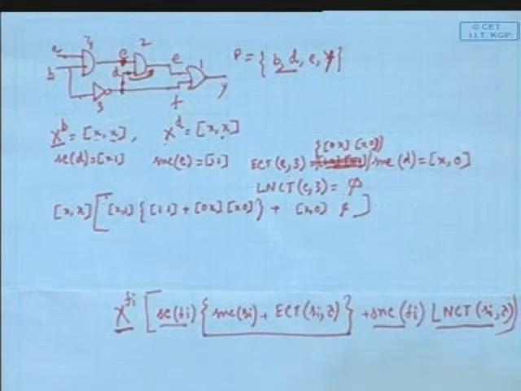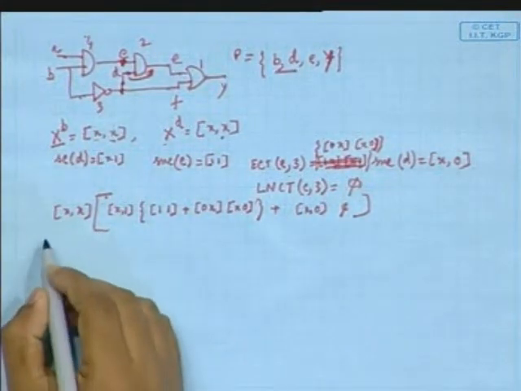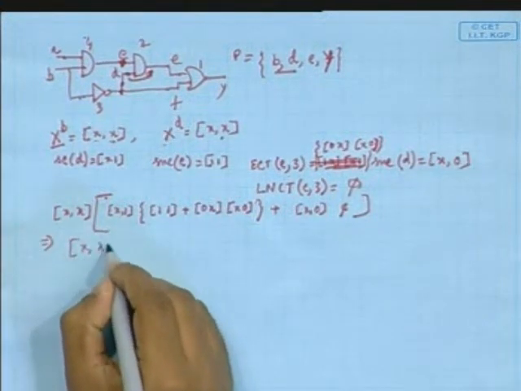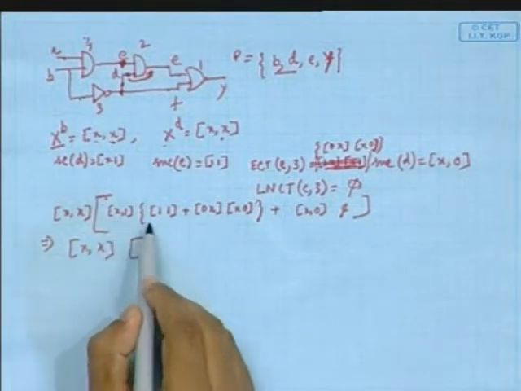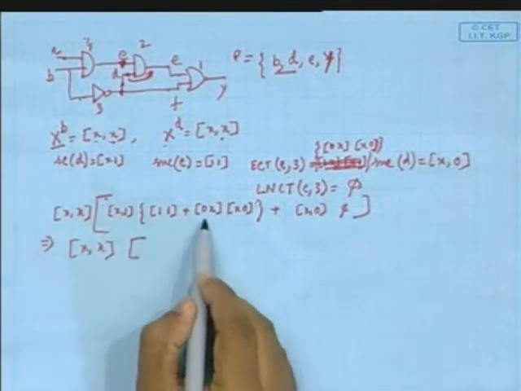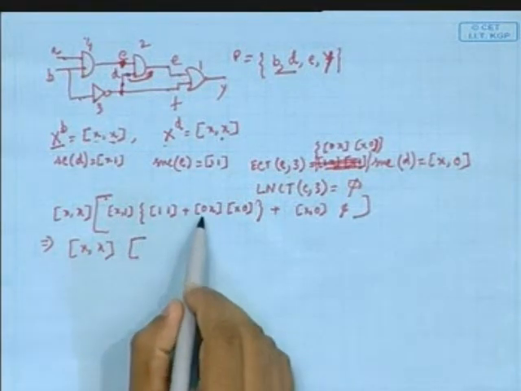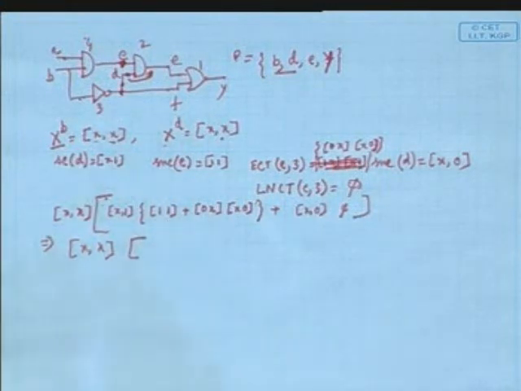So now we have to compute this one. So how can we do this? First one will remain the same till now. So this set of input vectors tells that I have all the input vectors 0 1, 1 0, 0 0 and 1 1, the whole set.